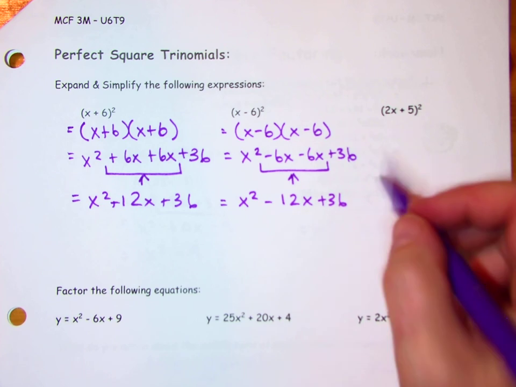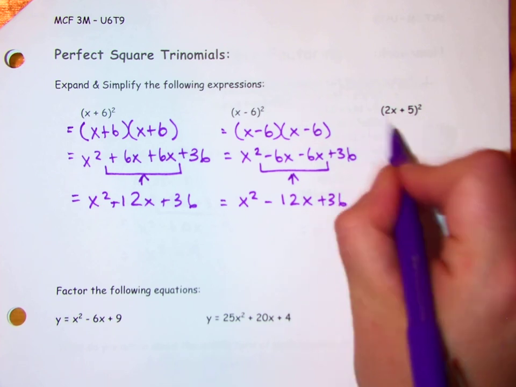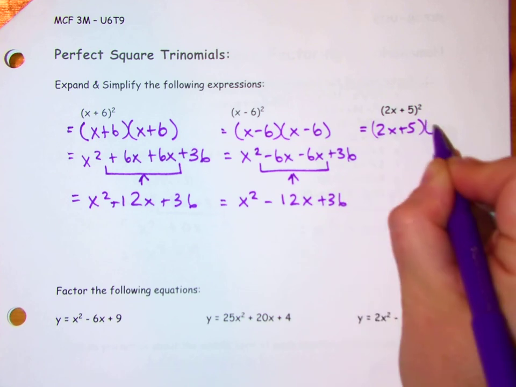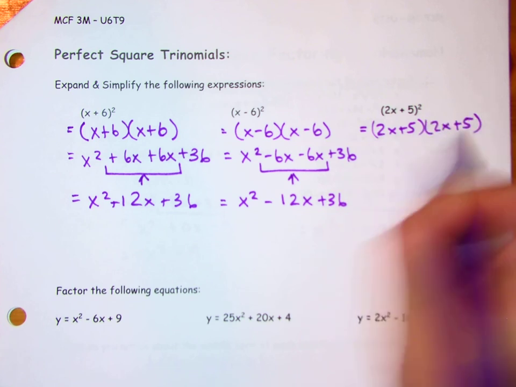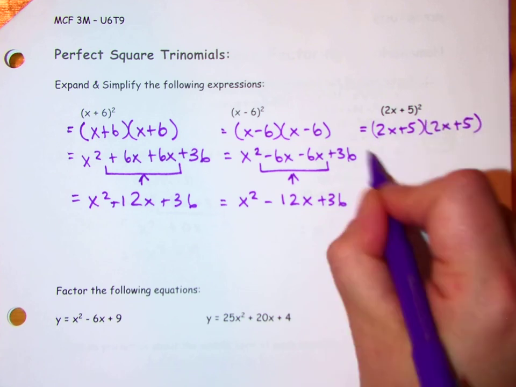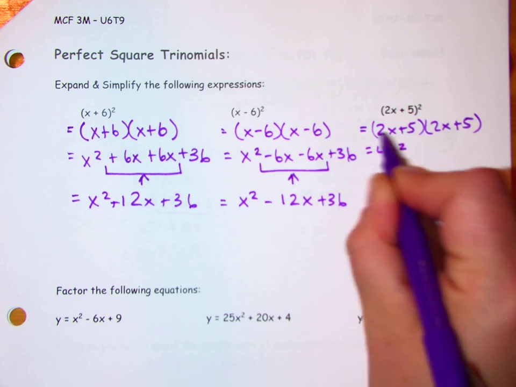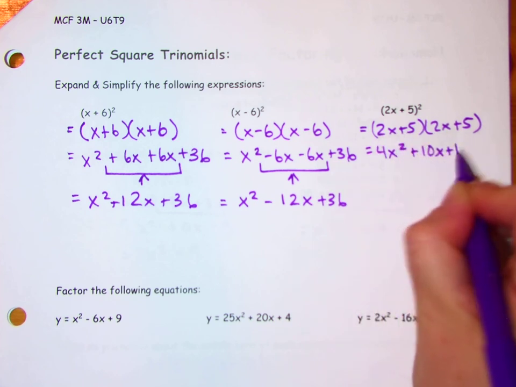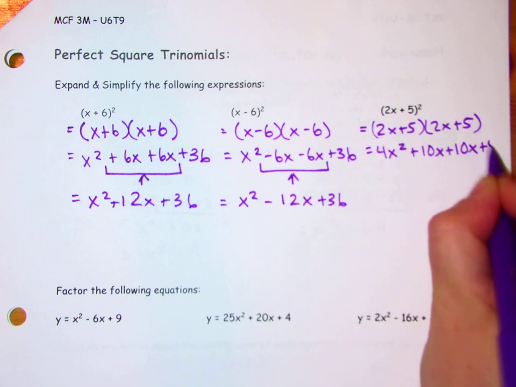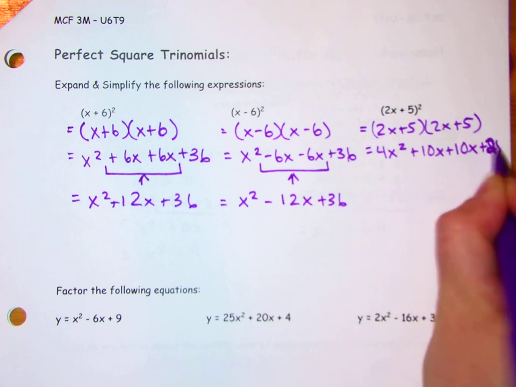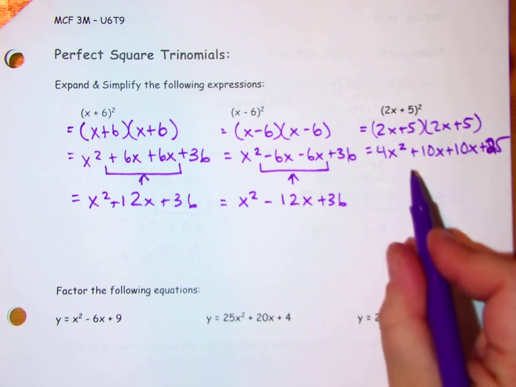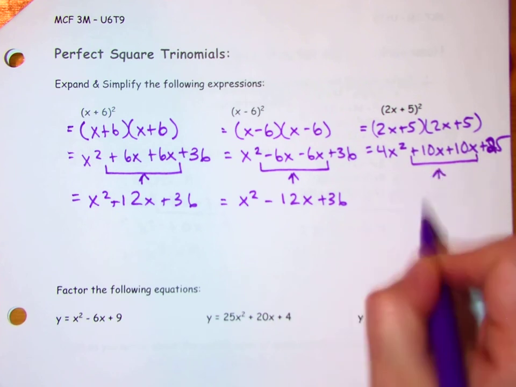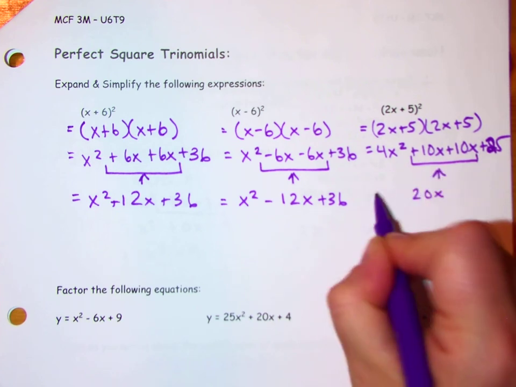Last but not least, here's one that's got a little bit more going on. We've got 2x plus 5 times 2x plus 5. 2x times 2x is 4x squared. 2x times 5, 5 times 2x, and 5 times 5, which is 25. Combine those middle terms, and we get 20x in the middle.